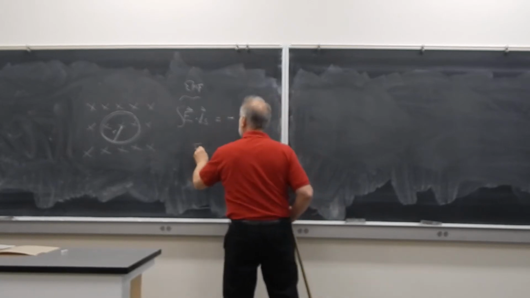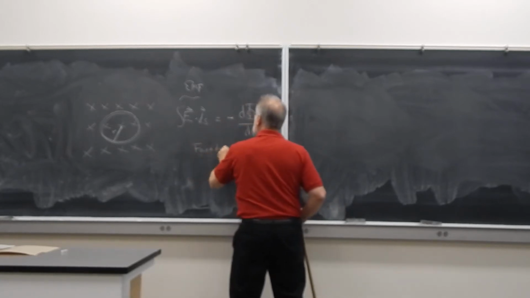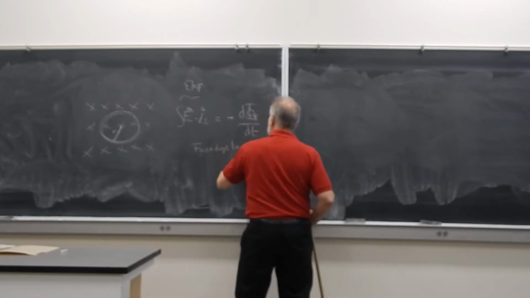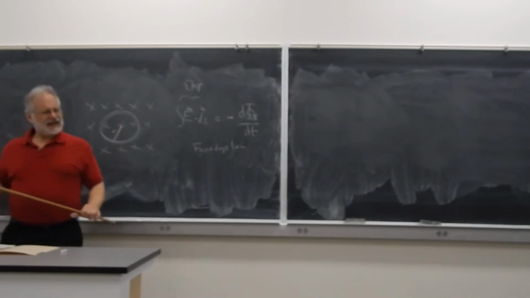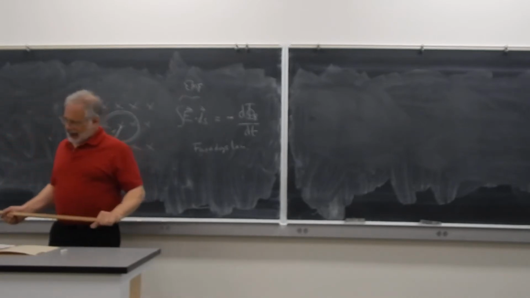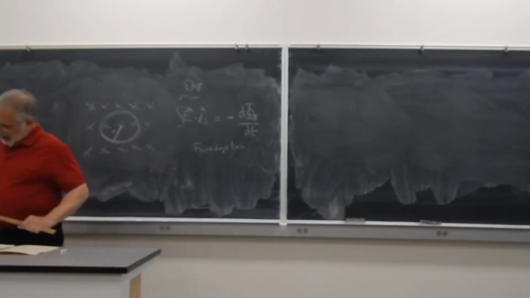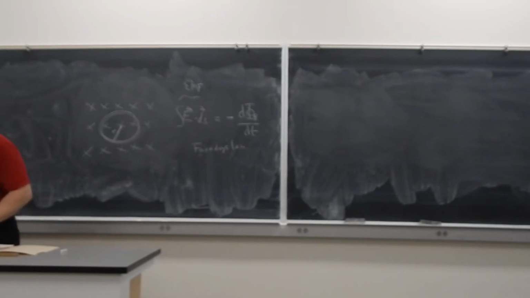This is another way of writing Faraday's law. And you might say, well, what would that electric field look like if I were to calculate that using Faraday's law? Let's do an example of that.